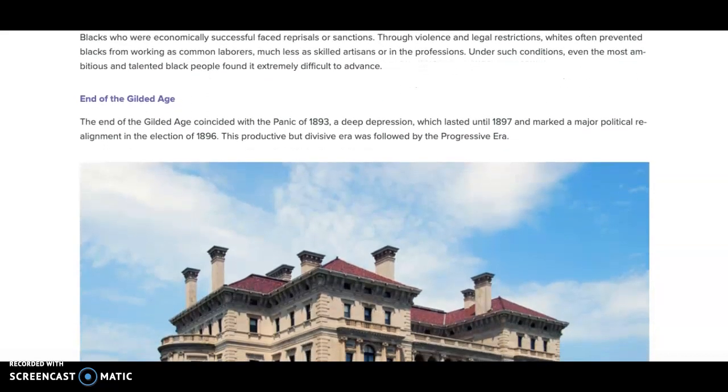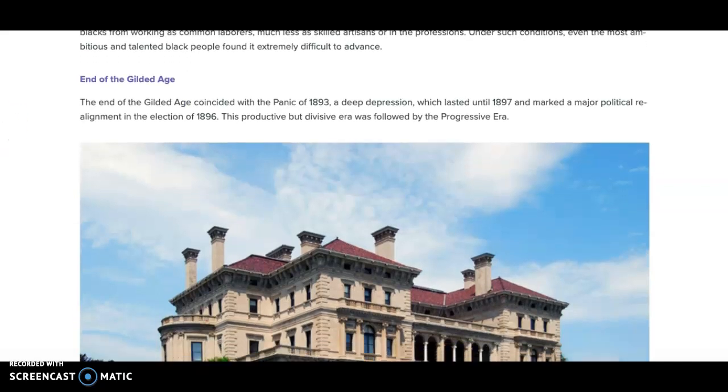Blacks who were economically successful faced reprisals or sanctions. Through violence and legal restrictions, whites often prevented blacks from working as common laborers, much less as skilled artisans or in the professions. Under such conditions, even the most ambitious and talented black people found it extremely difficult to advance.